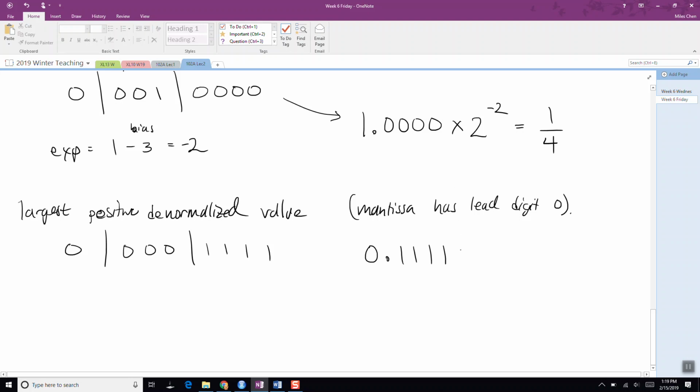And so what we're going to do is we want to keep the same exponent. Okay, we keep the same exponent. So our bias is now 1 less than normal. We have a bias of 2. So our exponent is going to be 0 minus 2 equal to -2. Okay, bias is 1 less than normal.